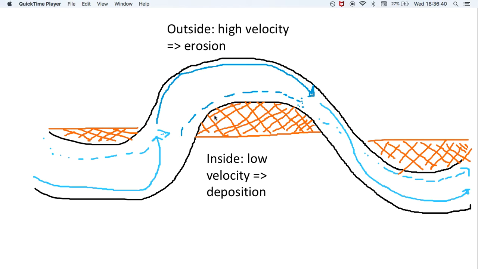And we can see here where I've attempted to draw a slip-off slope, so that the deposition on the inside of the bend creates a slip-off slope, and that's just like a mini beach. Whereas the erosion on the outside of the bend creates a river cliff.